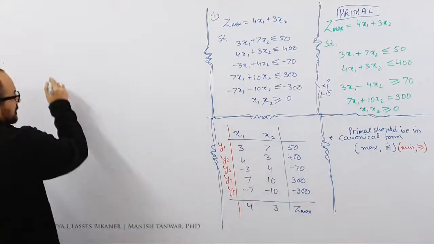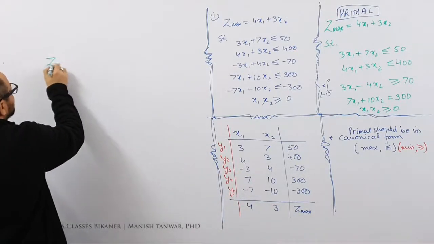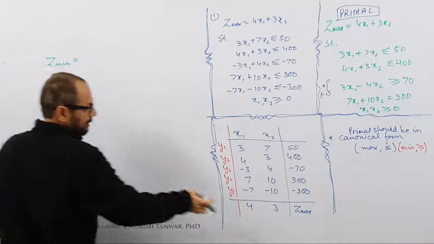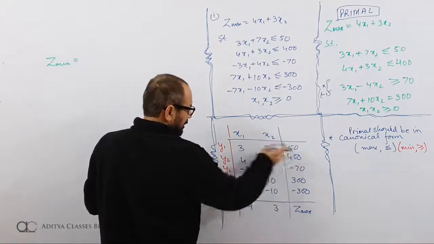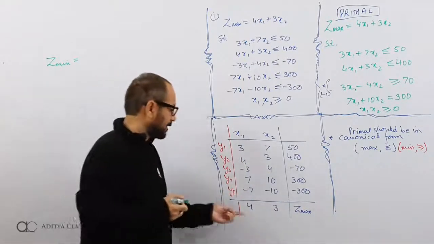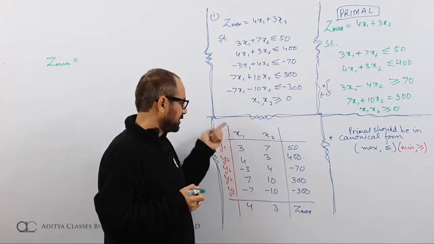This was max, in dual it will be min. Z min is equal to, instead of max I will be having a min, and this is how my objective function will come. Earlier I was getting my objective function this way, 4x1, 3x2. Constraints were coming from here, 3x1, 7x2.